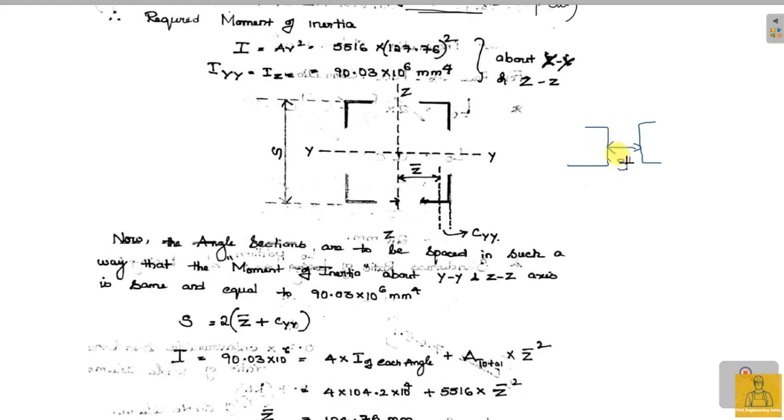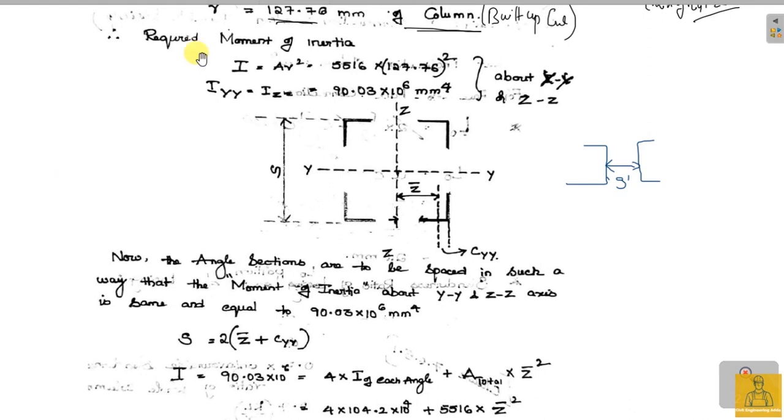That is denoted with S, which we found out. In this case also, you have to find out the spacing between each and every section. Here we have a little change in denotation, so you have to note that. Let me go into this.